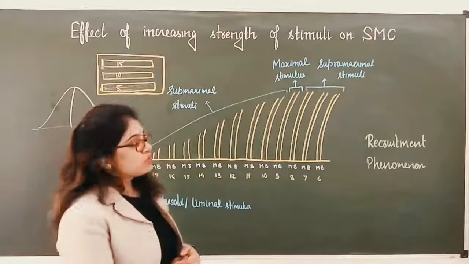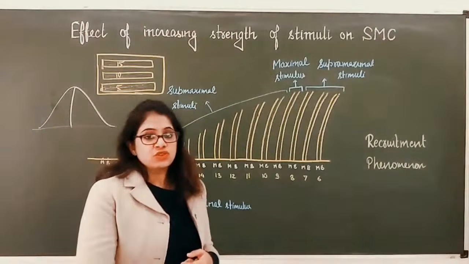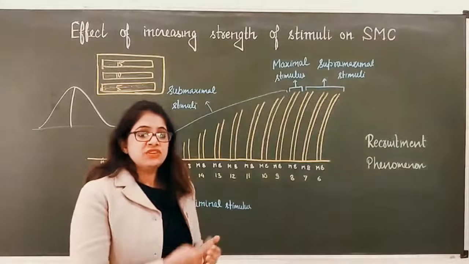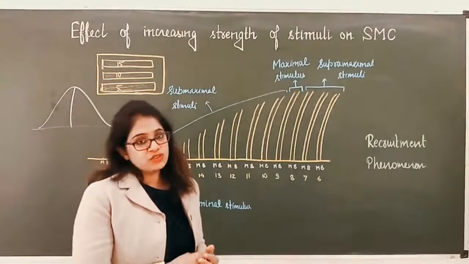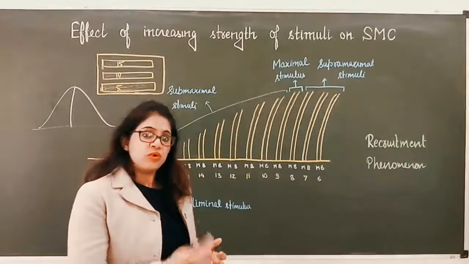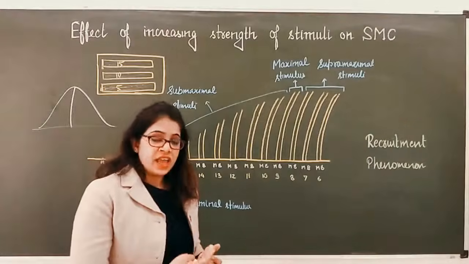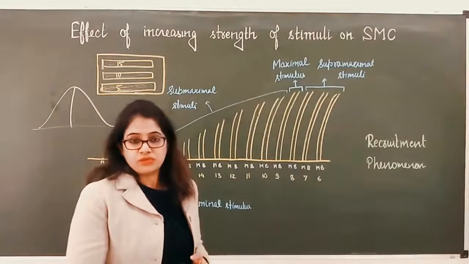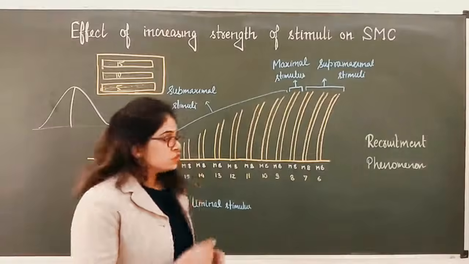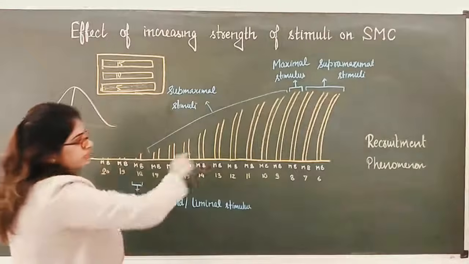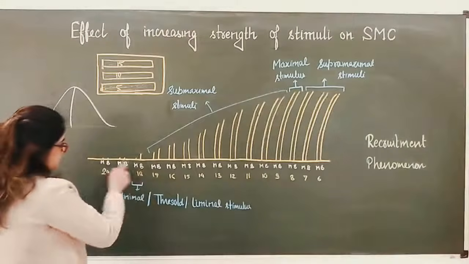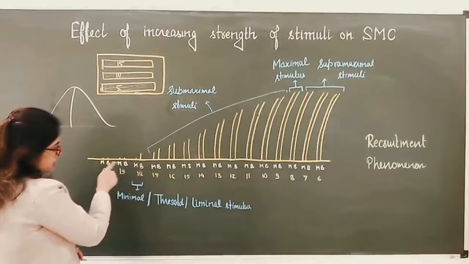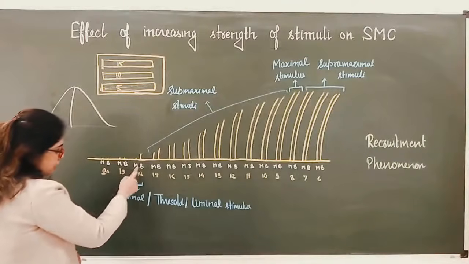So gradually, as we increase the strength of stimulus, more and more motor units keep on adding, and the force of contraction of the muscle will be stronger. This phenomenon is called the recruitment phenomenon. So what is the recruitment phenomenon? As we keep on increasing the strength of stimuli, more and more motor units will keep on adding, and the force of contraction of the muscle will be stronger. By this example we can understand here. Here we have given a stimulus, here a stimulus, so there was no response.